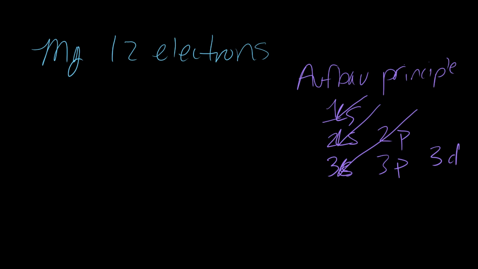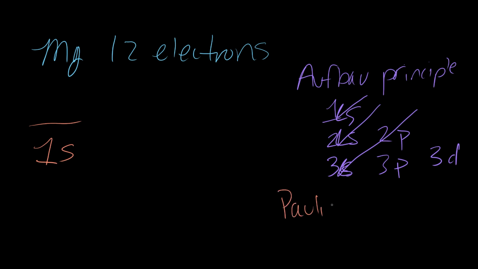So now we can start writing our orbital diagram. The lowest energy level is 1s, which has 1 orbital, meaning it has how many electrons? 2 electrons.